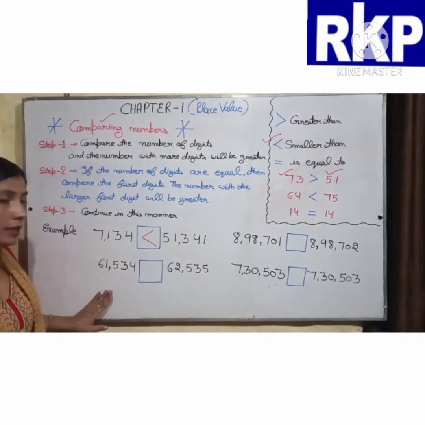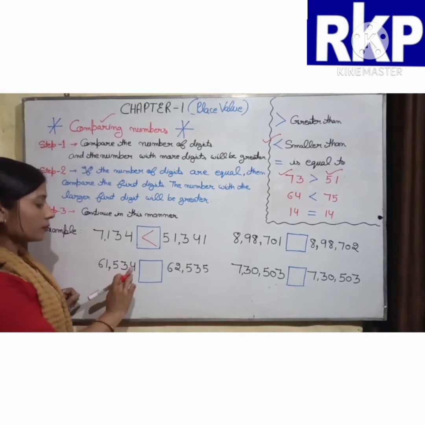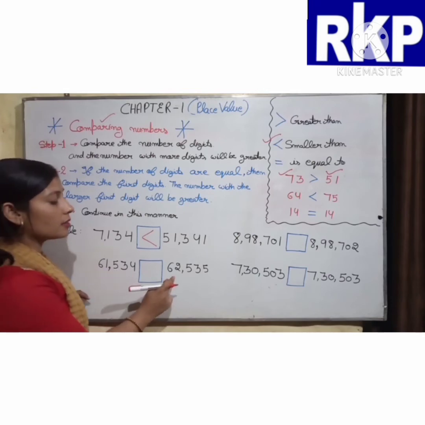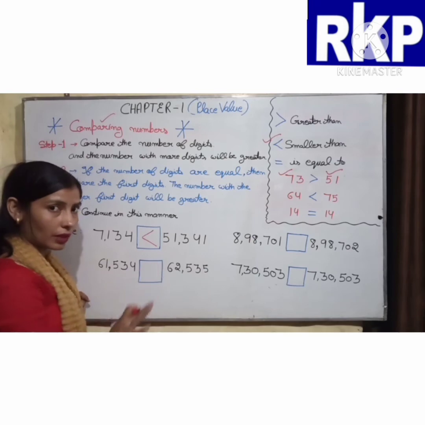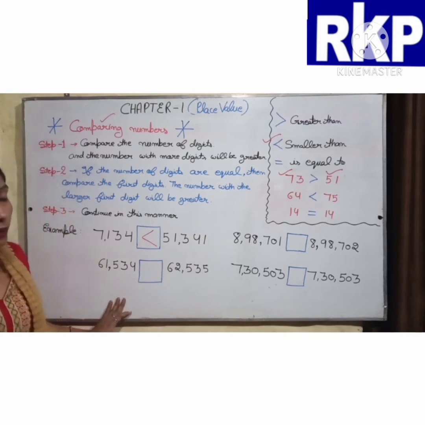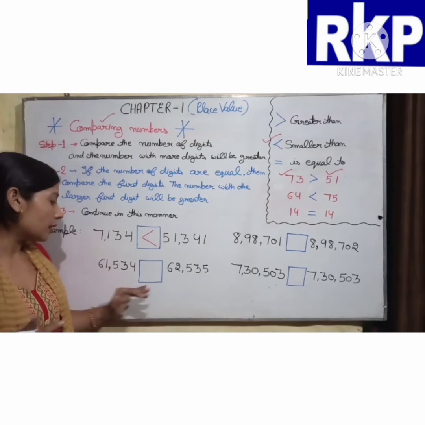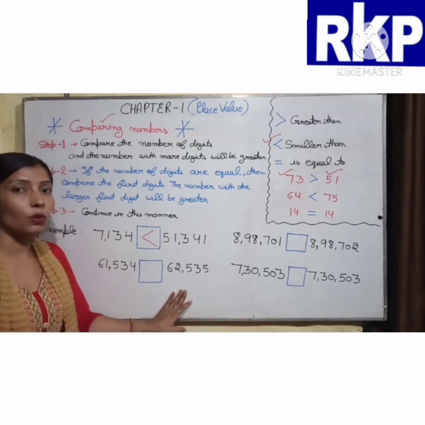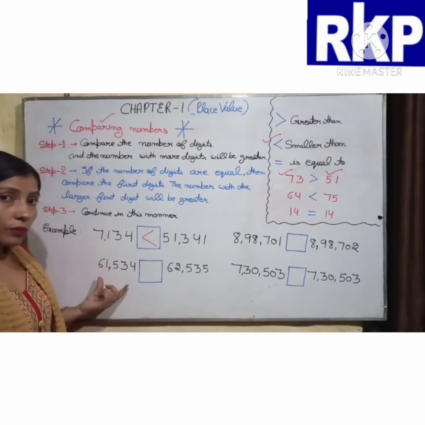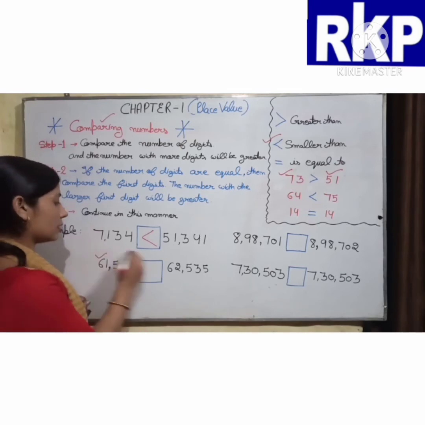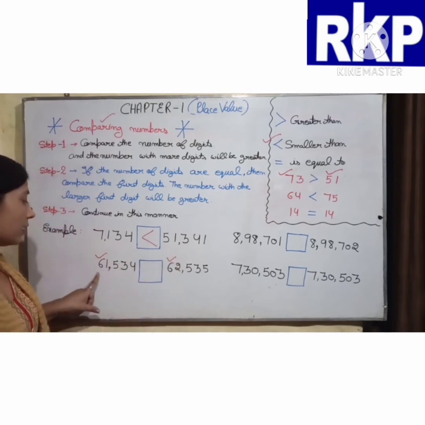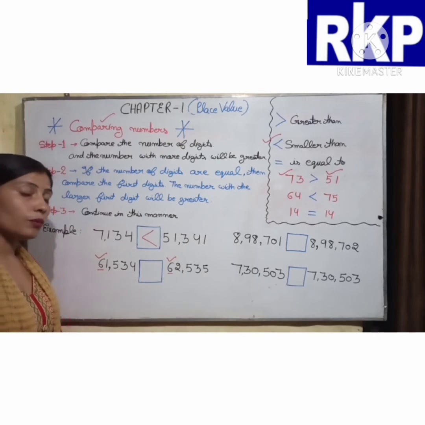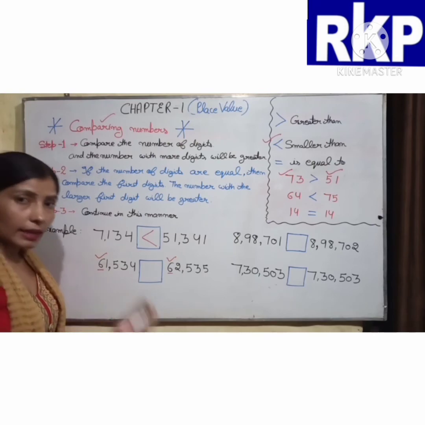Now let us see these numbers. Here we have 61,534, and here 62,535. First of all, we need to count the number of digits. Here we have 5 digits, and here also we have 5 digits. So what we will do? Now we need to check first digit from left side, and here you can see both are 6, both are same. So now we need to check next digit.